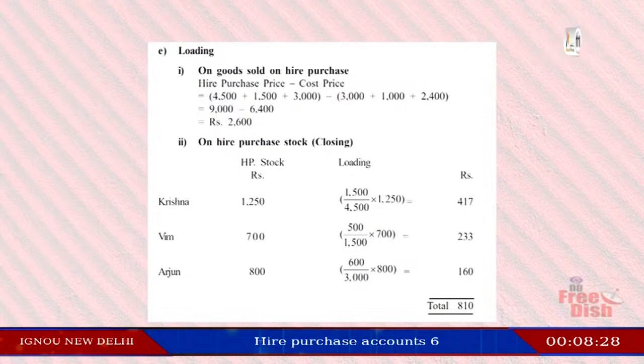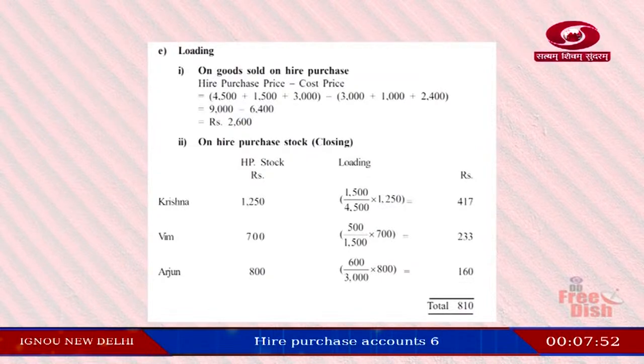So if we calculate for 1250, out of 4500, for this 1250 it will be 417. And for Vim, if 500 is included in 1500, what will be included in 700? 234. If 600 is included in 3000, then what will be included in 800?